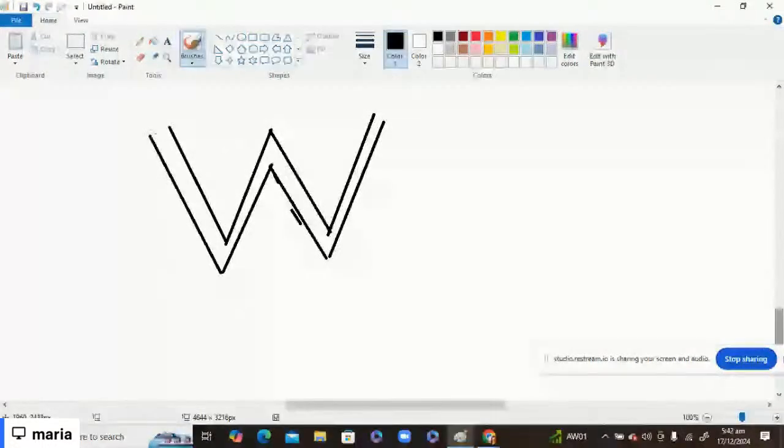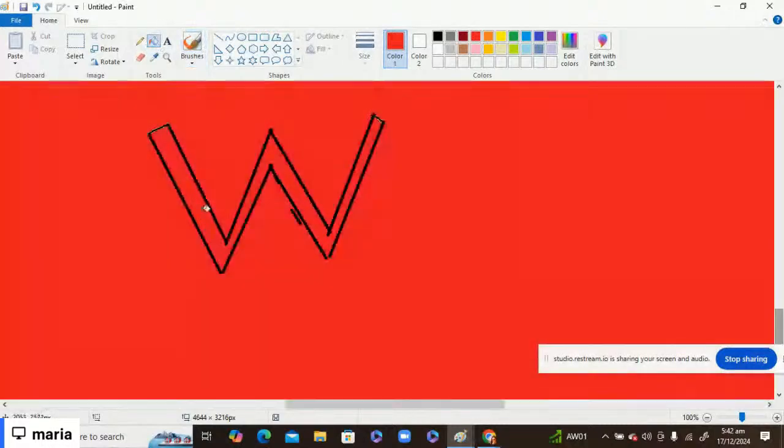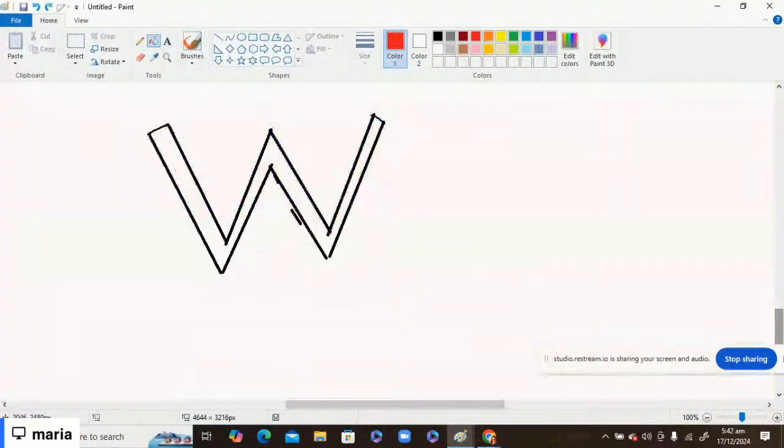Okay, now they are saying to find the line of symmetry of this shape. When we see the line of symmetry, which kind of line of symmetry is possible for this W?